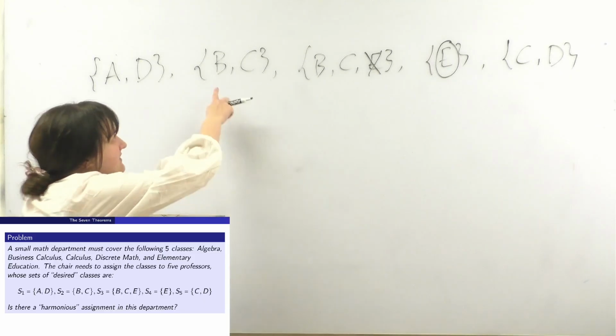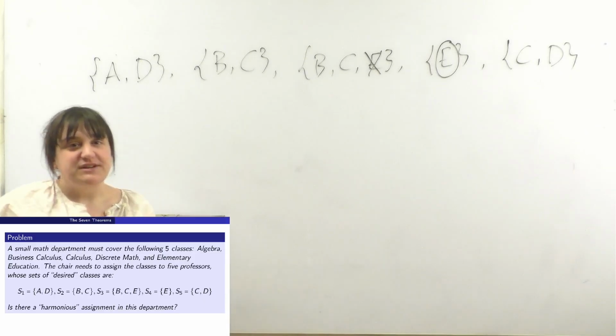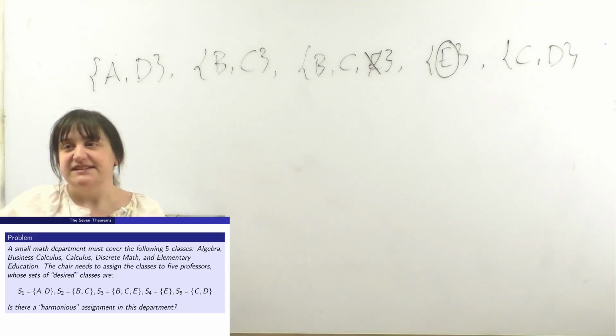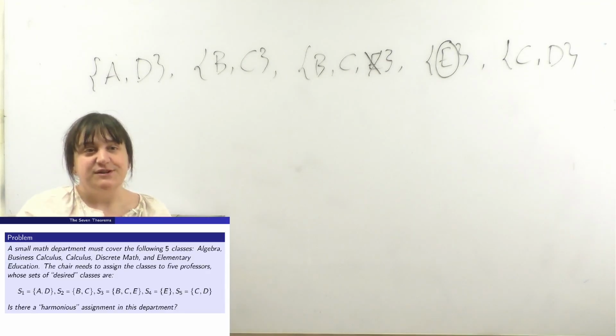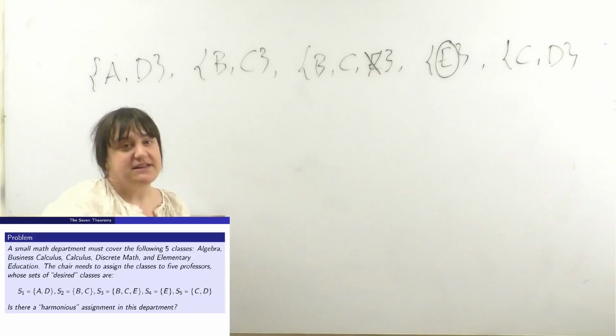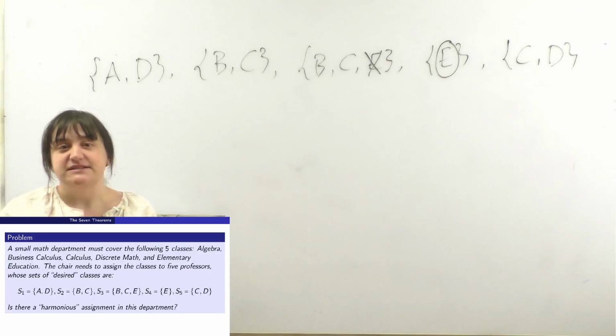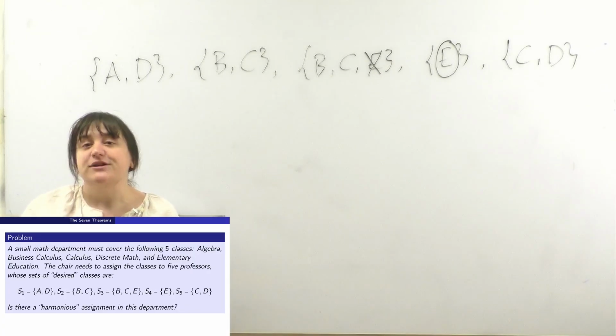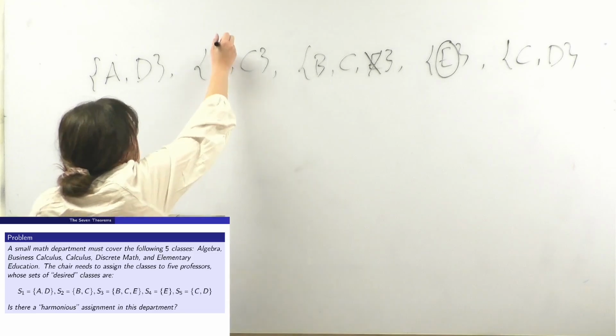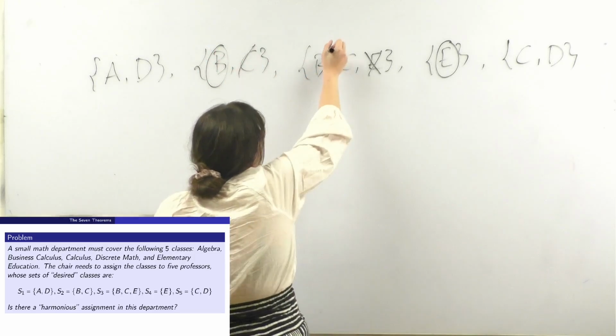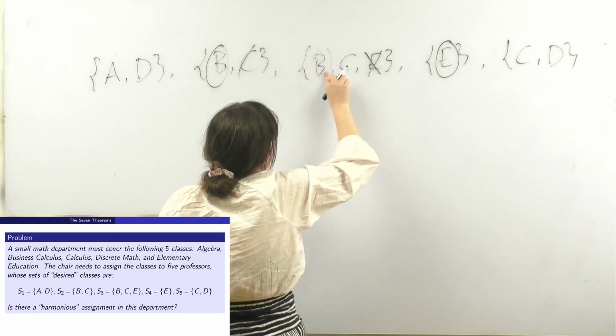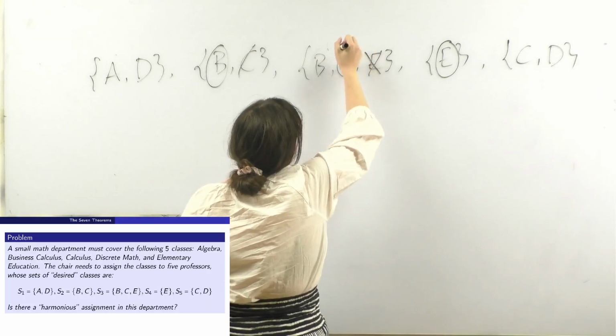And there's 2 professors who each have exactly the same list that has 2 things in it. So if both of these professors are going to be happy, then one of them has to teach calculus and one of them has to teach business calculus. It doesn't actually matter who teaches what. So let's say this guy teaches business calc. This person teaches not business calc, normal calc.